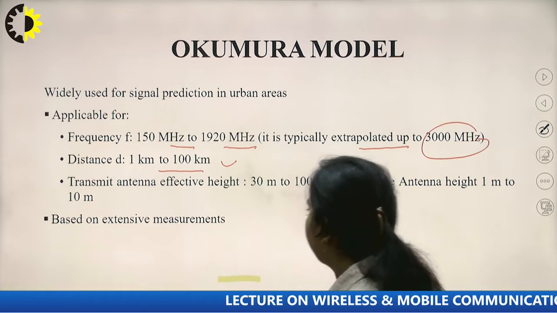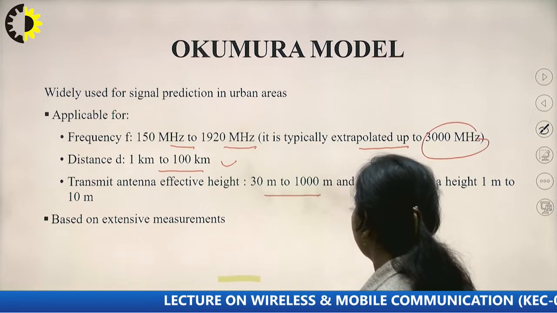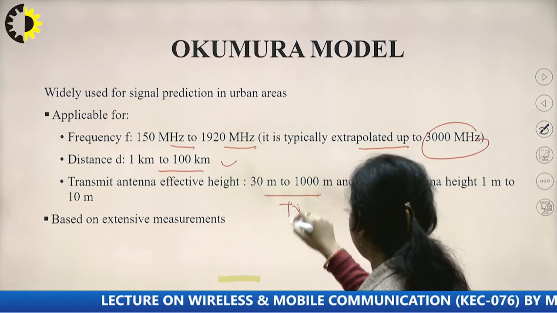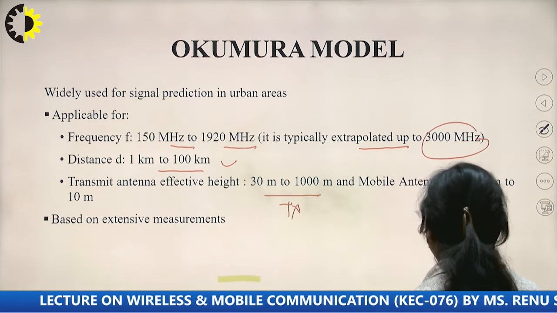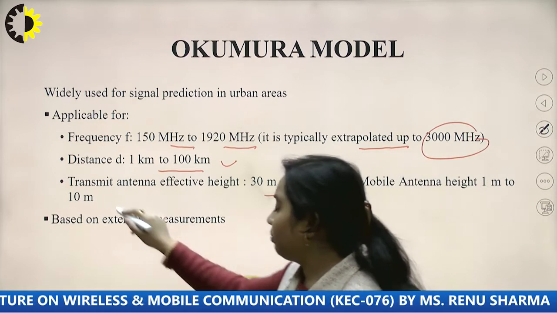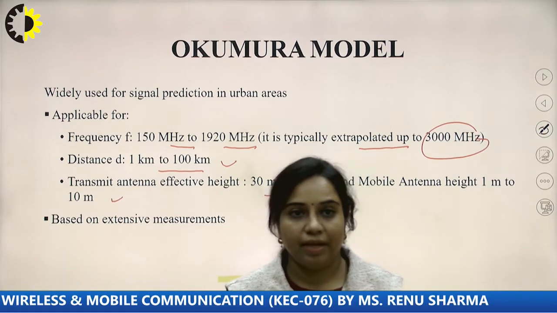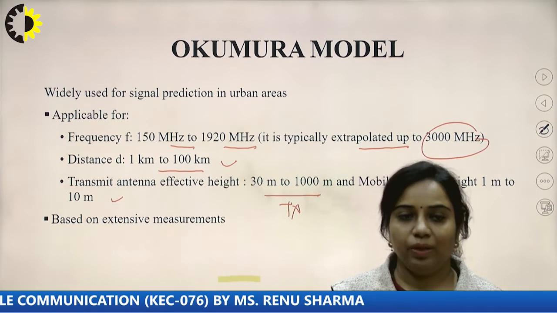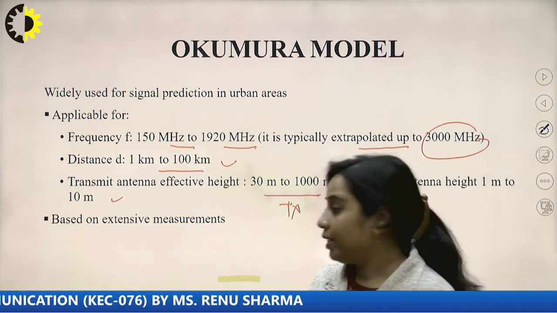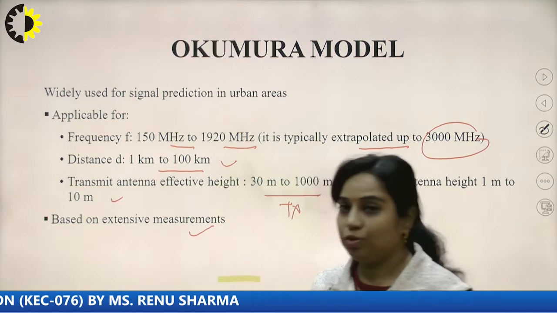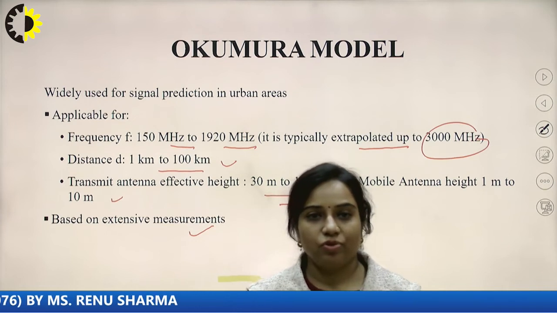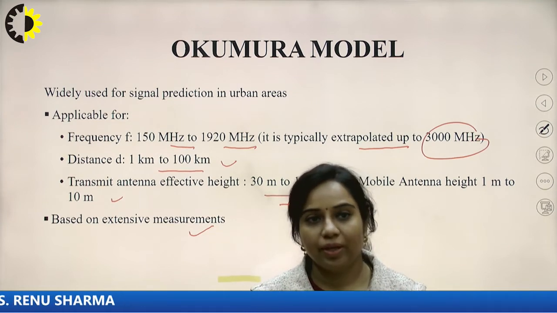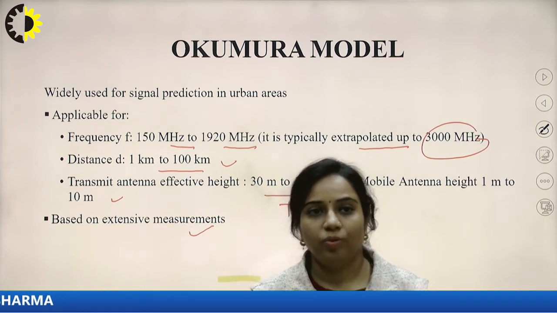Transmit antenna effective height will be 30 meters to 100 meters, that is for the base station antenna, and mobile antenna height will be 1 meter to 10 meters. So, these are the two antenna heights that we can consider. Then it is based on extensive measurements, meaning every time you have to select the range of frequency, then you can use this Okumura model.